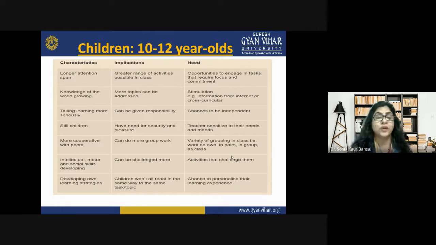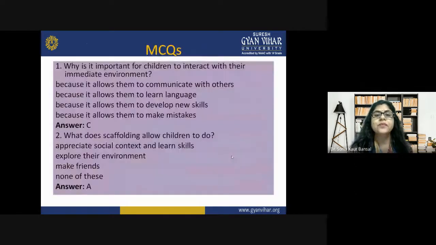Now MCQ time. Try to learn and solve these questions from developmental stages of learners, and also very general common questions which you must have studied in your earlier classes. The first question is: why is it important for children to interact with their immediate environment?